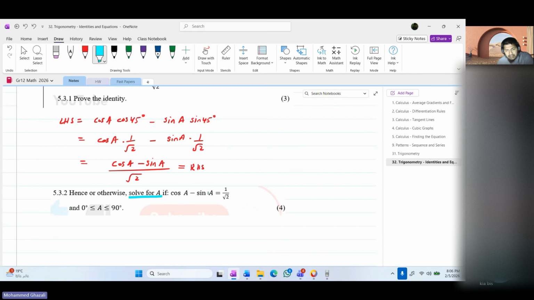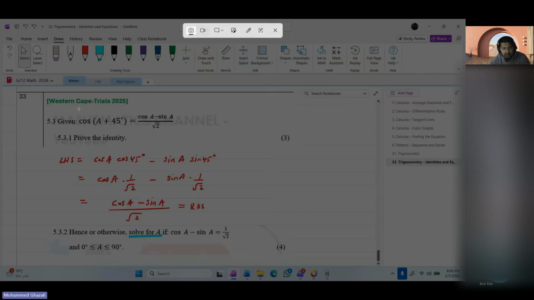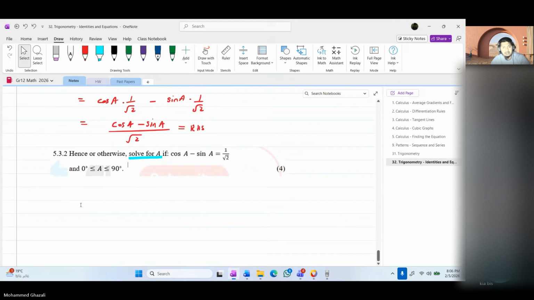We know that cos a minus sine a is equal to 1 over root 2. What was the original sum here? The original problem here was this, okay? Cos a minus sine a is equal to 1 over root 2.